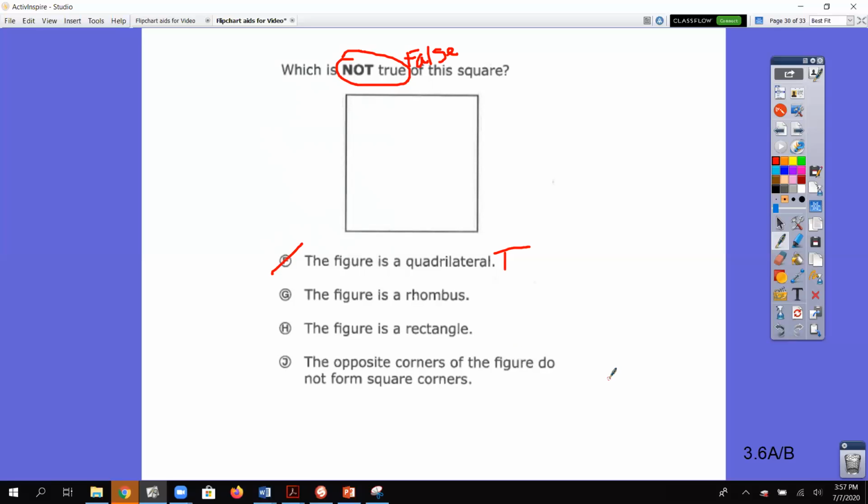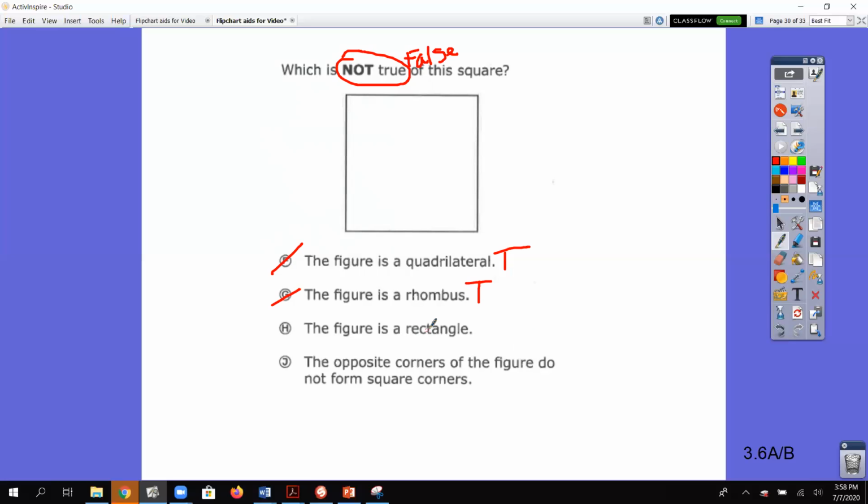The figure is a rhombus, true or false? That is true. Remember we said every square is also a rhombus, but not every rhombus is a square. So that is true. The figure is a rectangle. What do you think about that one?